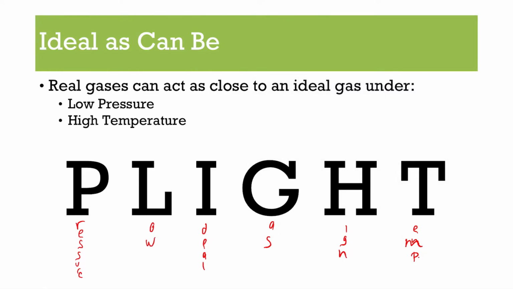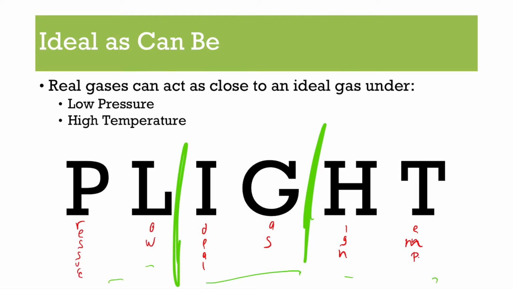Basically, every KMT question is answered by this. You act like an ideal gas with low pressure and high temperature. If you think about it, if you have low pressure, particles aren't being forced to do anything. They can kind of go wherever they want. That's why low pressure makes sense. If you have high temperature, remember the higher the temperature, the higher the average kinetic energy, so the faster the particles move.